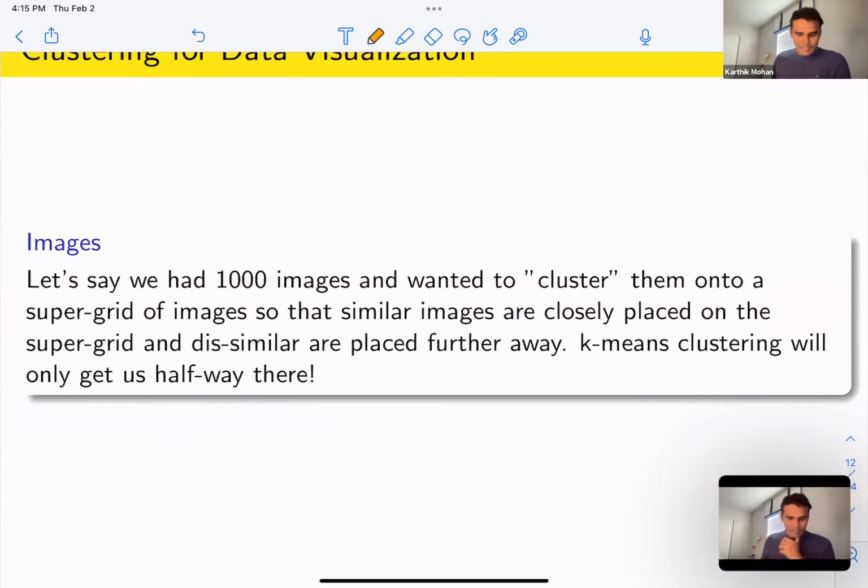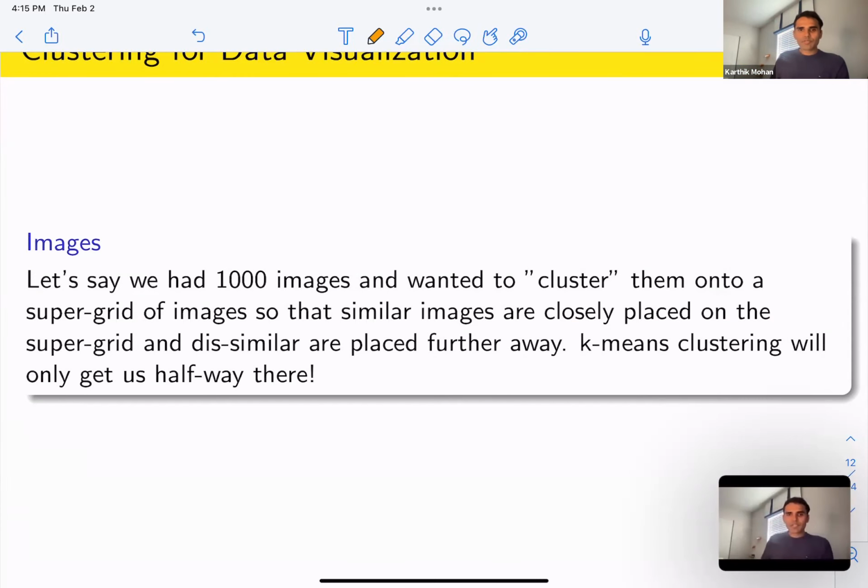Like we spoke about last time, one use case is images. Let's say you have 1,000 images and you want to cluster them onto a super grid, so that images that are closely placed on the supergrid are similar, and the images that are further away on the supergrid are dissimilar. K-means clustering will not really solve this problem, because what are you going to do? Put each image in its own cluster? How are you going to place it in this supergrid?